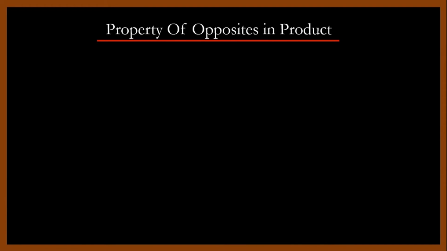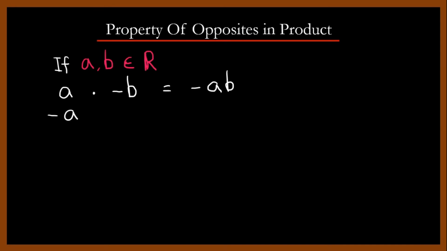So if A and B are two numbers, then A multiplied by B with the opposite sign, negative B, is equal to negative AB. Also, if A is negative, that is negative A, then negative A multiplied by B equals negative AB.